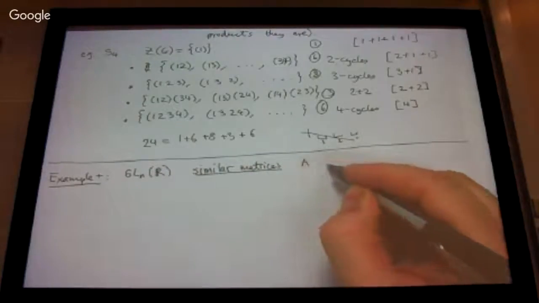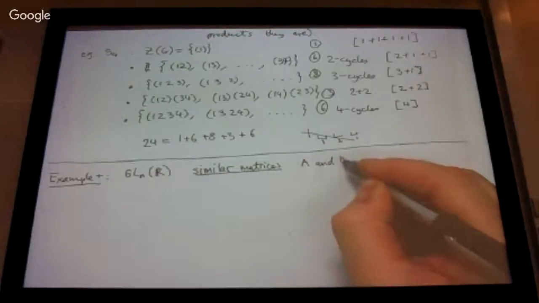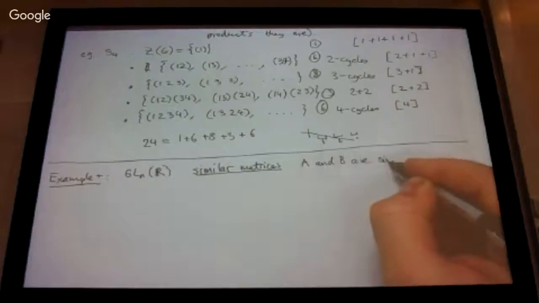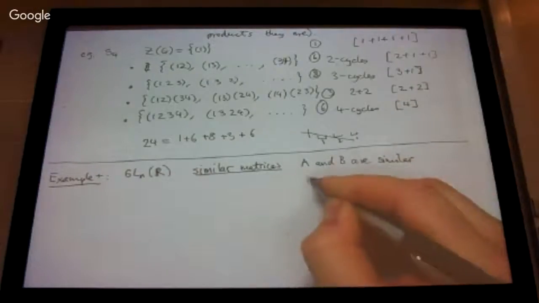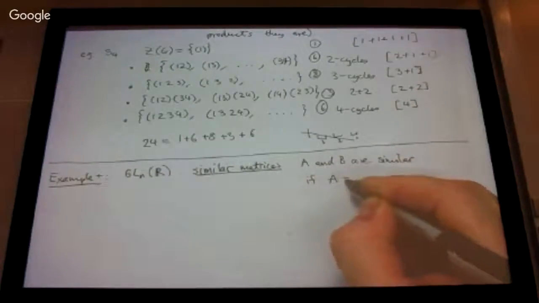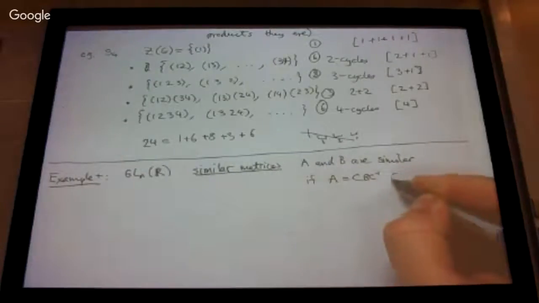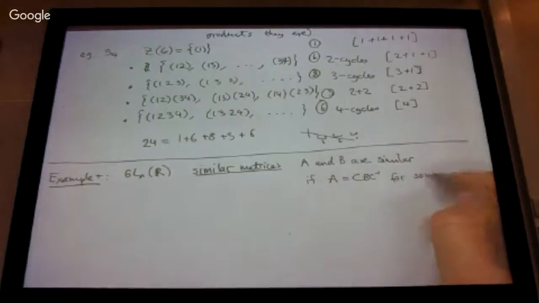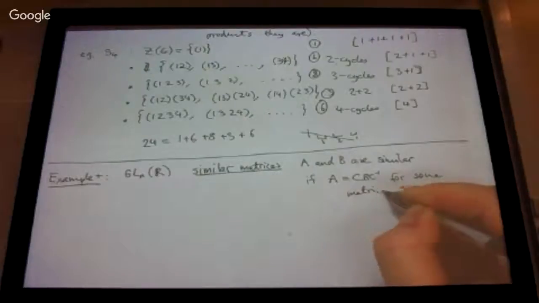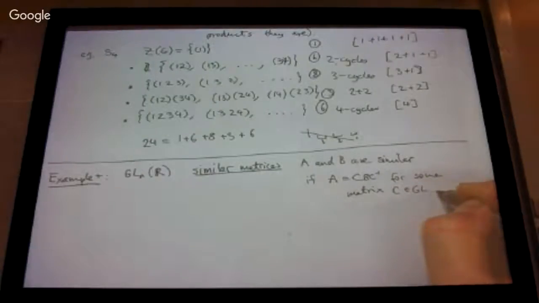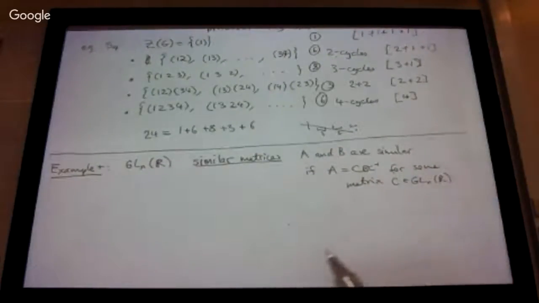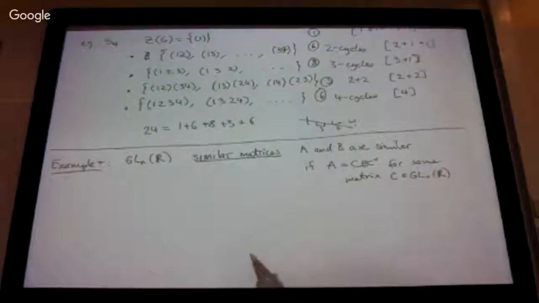So A and B are similar if A is C B C inverse for some other matrix, maybe the same.